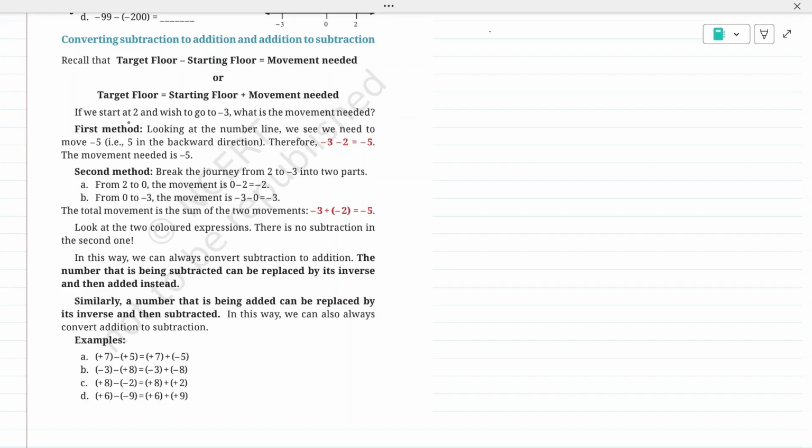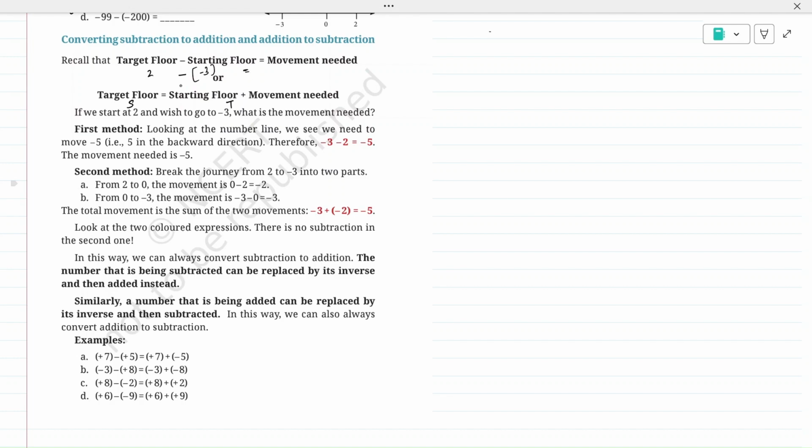Now, if our starting point is 2 and we want to go to minus 3, that is the target, how many steps will we have to take? We are going to put in this formula to find the number of steps we have to take. 2 is here, and then minus, and then minus 3.